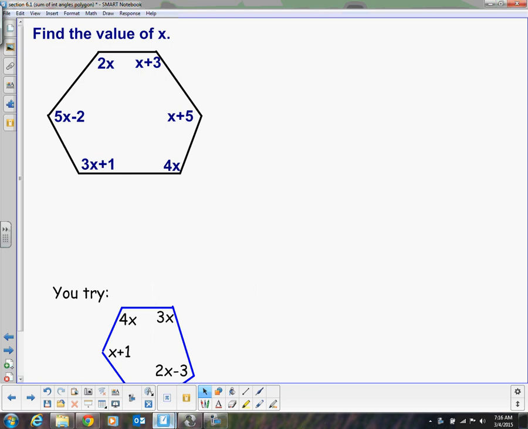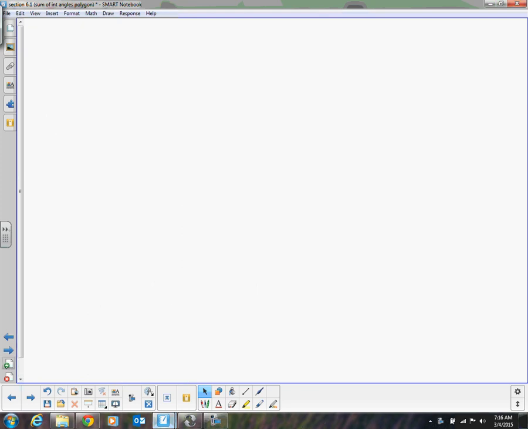Polygon had, what was the sum of the exterior angles? Anybody remember? Right.